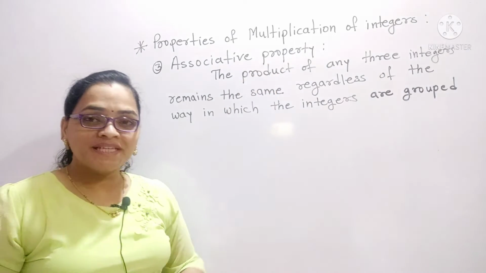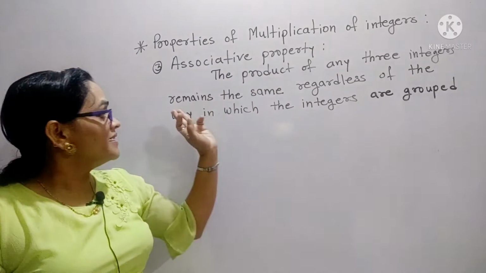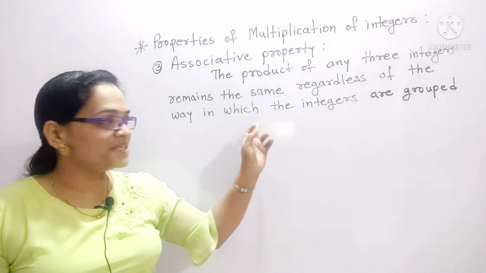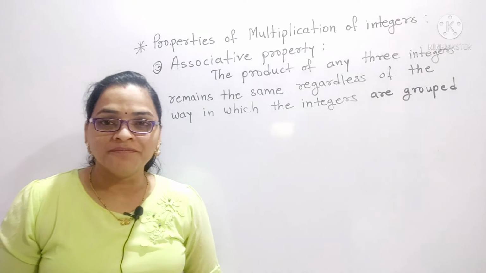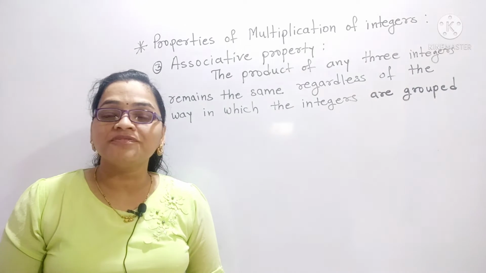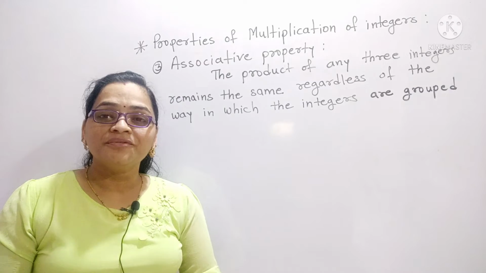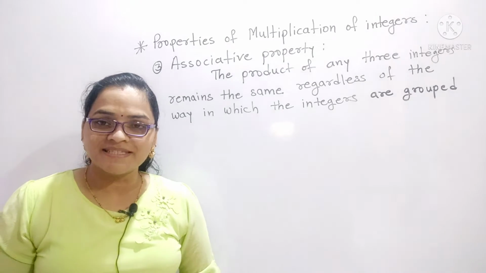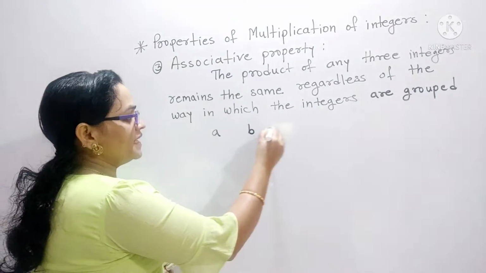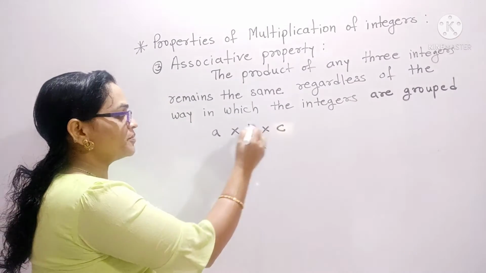What is the third property? Associative property. What is the associative property? The product of any three integers remains the same regardless of the way in which the integers are grouped. Means when we are going to find the multiplication of three integers, in any order we multiply, we are getting the same product. See, suppose A, B and C are three integers, and we have to find its product.